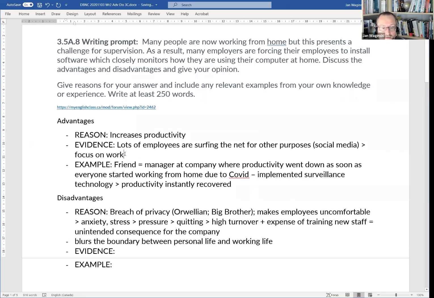Sorry, before I forget, for this one, it's easy to come up with a statistic, right? What kind of stat could you use here?